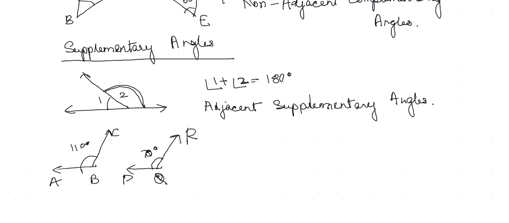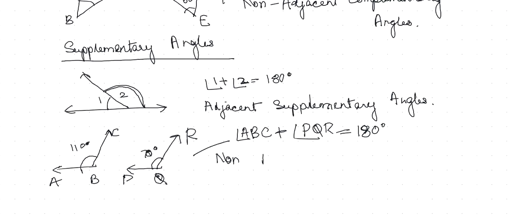So angle ABC plus PQR is 180. These are non-adjacent angles because they don't have a common vertex and a common side. So these are non-adjacent supplementary angles.